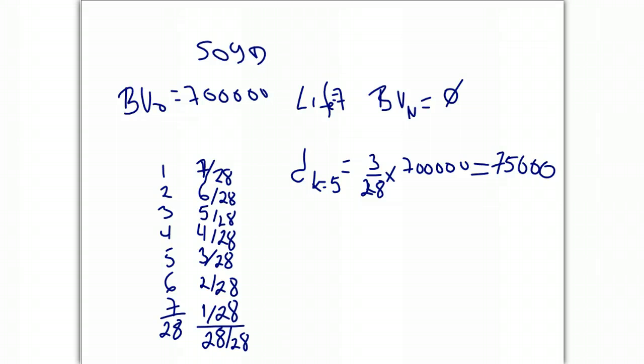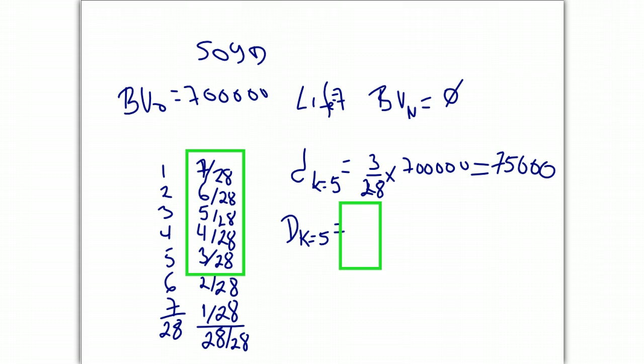So continuing with where we left the previous example, we could compute the cumulative depreciation, capital D, at k equals 5, and that would be the summation of the depreciation of the previous years: 7 plus 6 plus 5 plus 4 plus 3 over 28.